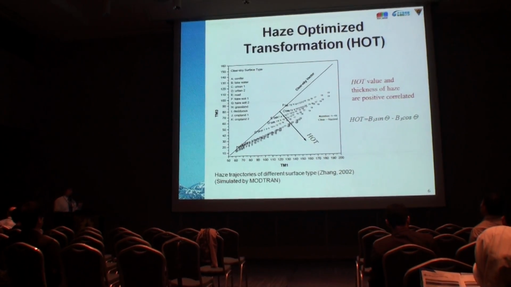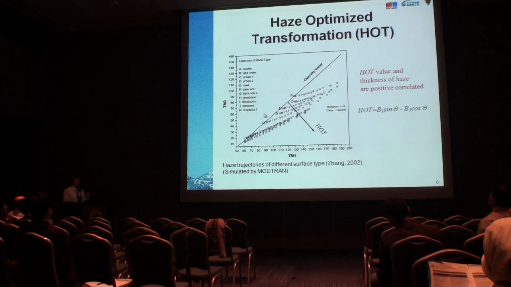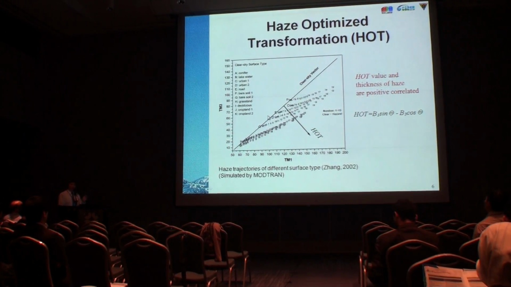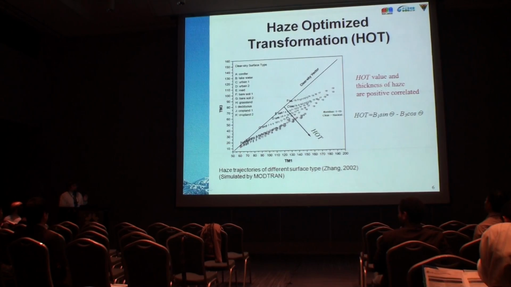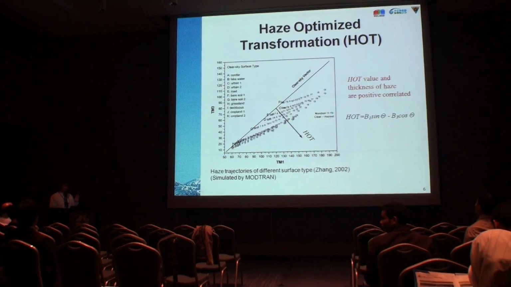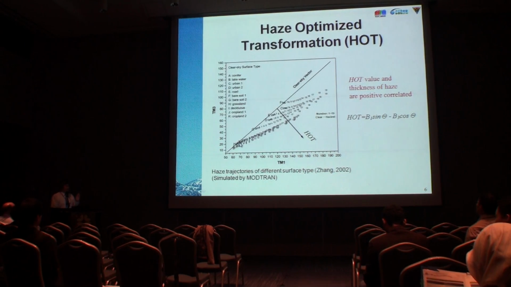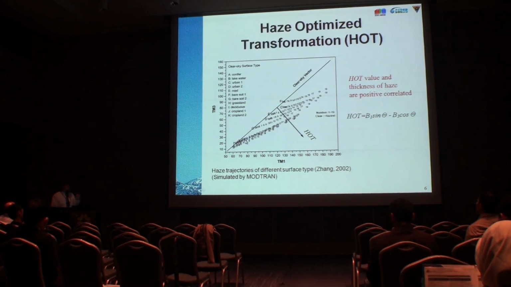In this method, we have to find a clear vector from your image. That means we have to collect those pixels without haze contamination from your source image, and then we measure. From this image, we can see for certain classes the trajectory of the haze.